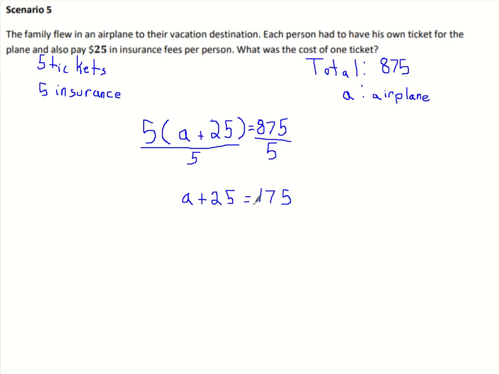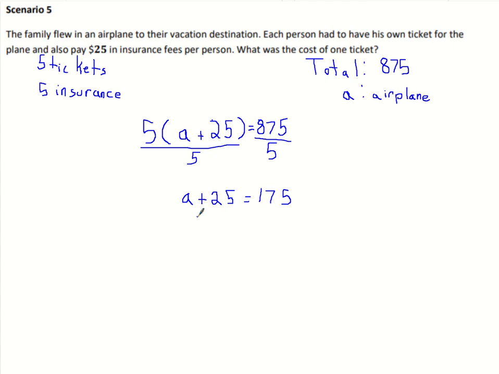That means every member of the family is going to have to pay $175. Or more likely than not, the parents are paying for the kids' tickets. But in any case, they have to pay $175 per person with the ticket and the insurance. But the question's not asking how much it is for the ticket and the insurance. What it wants to know is how much the ticket costs. To find that out, I'm going to have to take away my insurance fees.